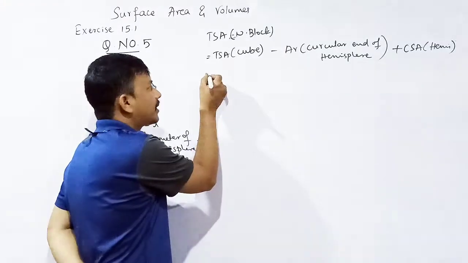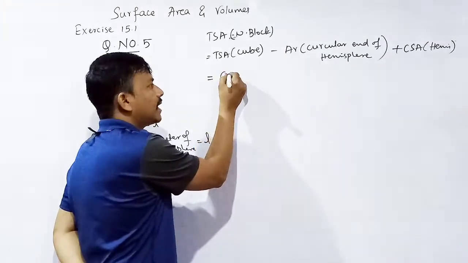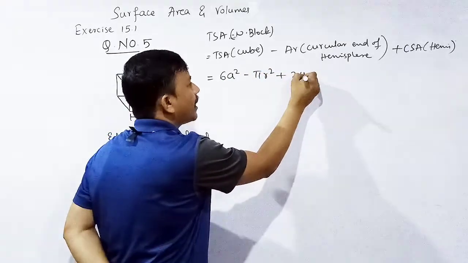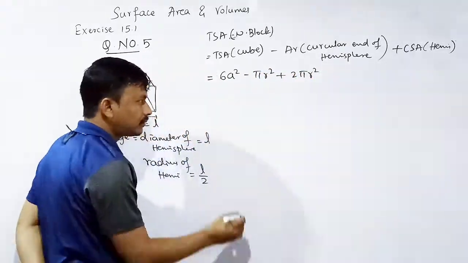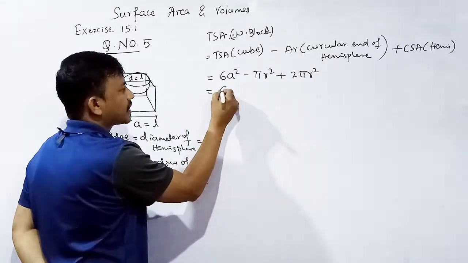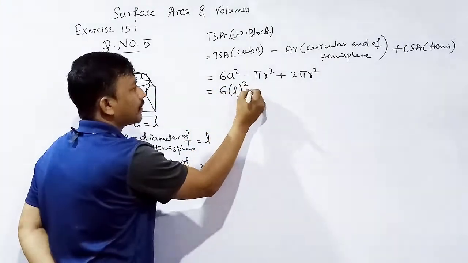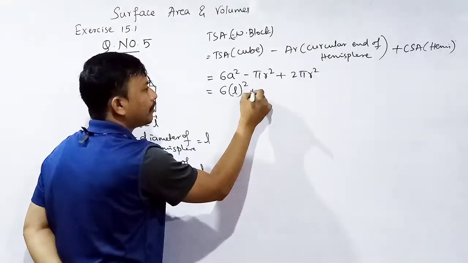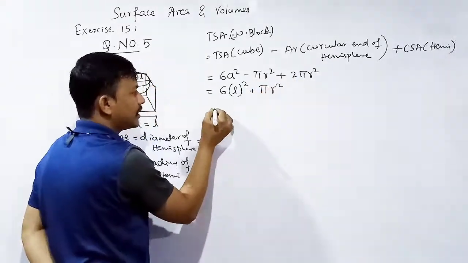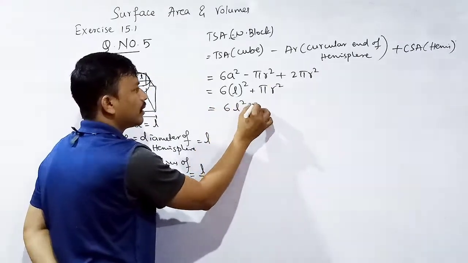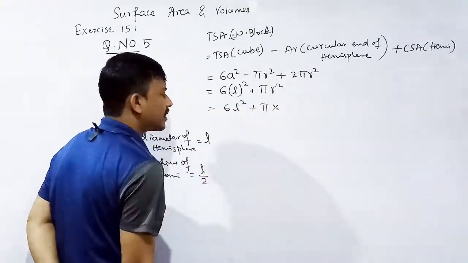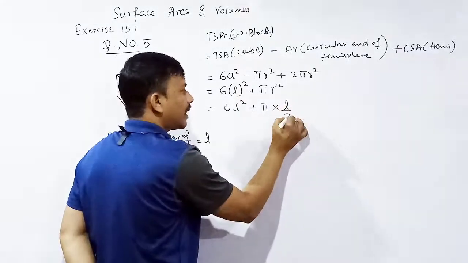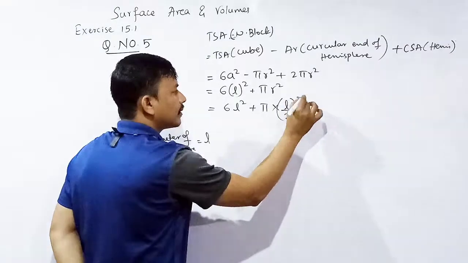Then what is the formula for TSA of cube? 6a square minus pi r square plus 2 pi r square. Correct? This is equal to 6, what is a here? L square, minus pi r square plus 2 pi r square. This is equal to 6l square plus pi into what is the radius value? L by 2. L divided by 2 whole square.